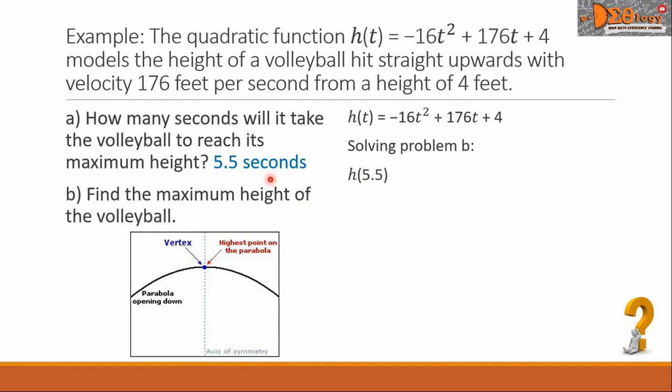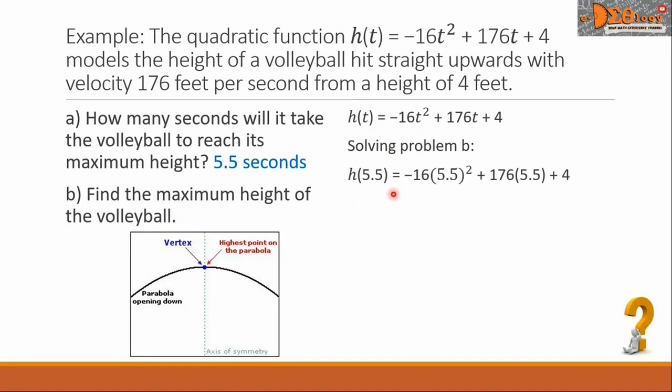Now let us solve for problem B. In here, what we will do is to evaluate our function using the value of t that we solved from A. So this is h of 5.5. Let us now evaluate our function, and every time we have t variable, we will change by 5.5.